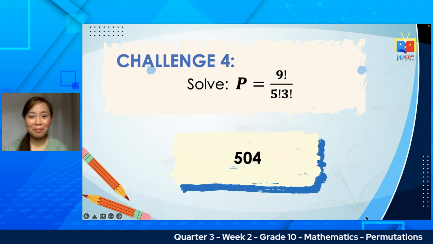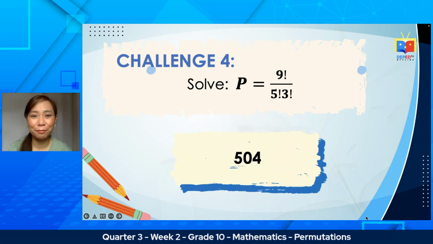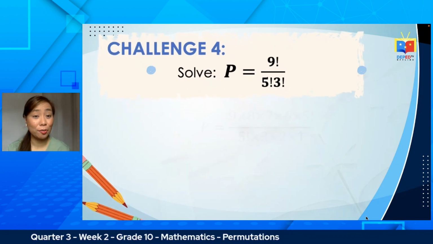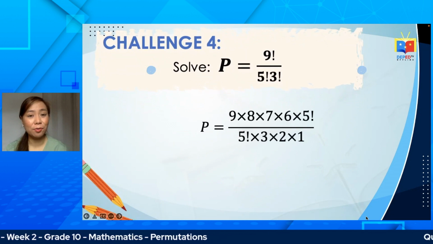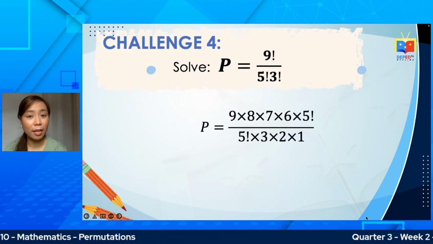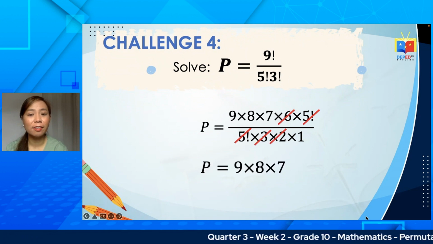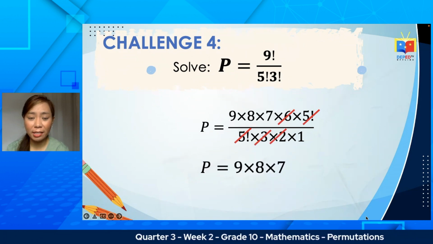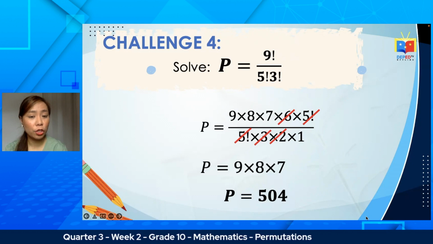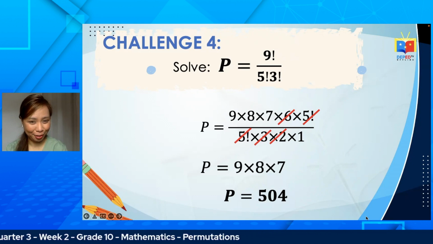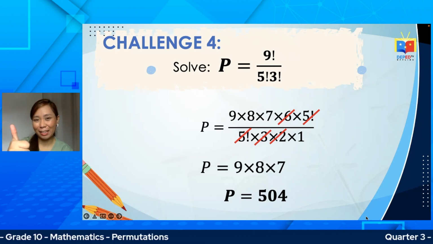The answer is 504. For the solution, we simply have to expand the factorial and solve the problem. And you will get here 9 times 8 times 7, which is 504. Doing great, mathletes.